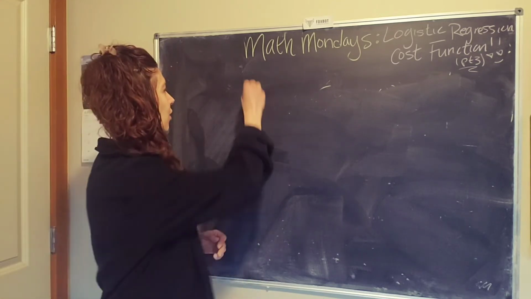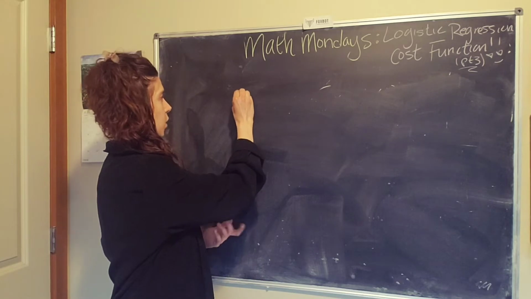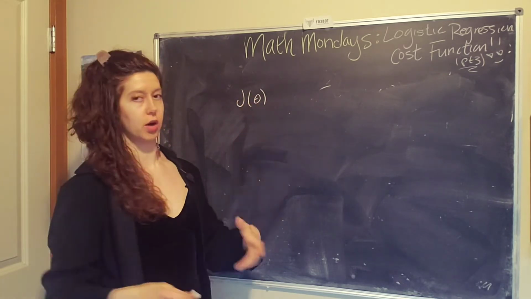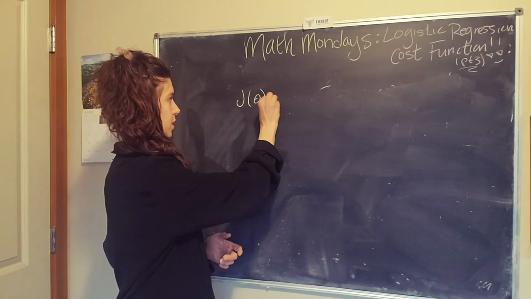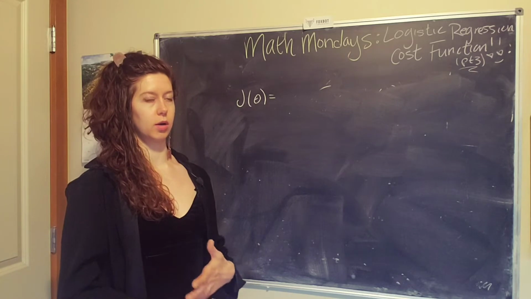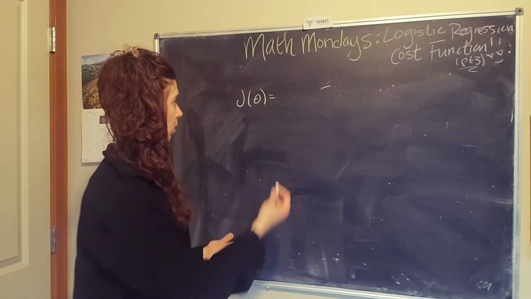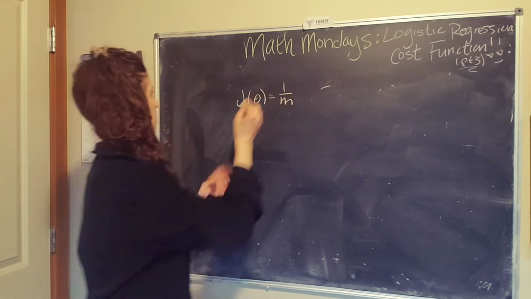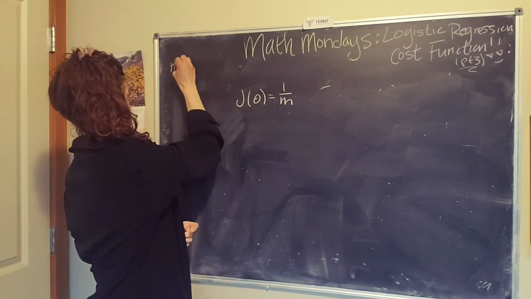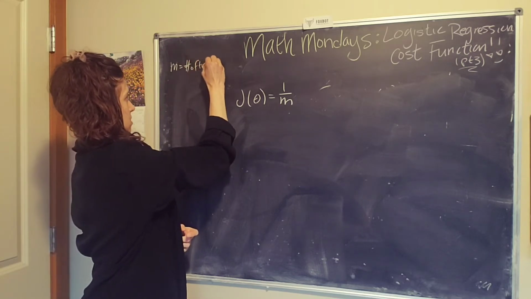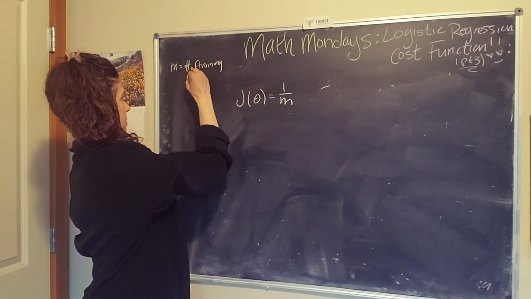Okay, so previously our cost function was defined like this, as a function of the parameters theta, which are parameters for our hypothesis function polynomial, and it is defined to be 1 over m, where m equals the number of training examples.